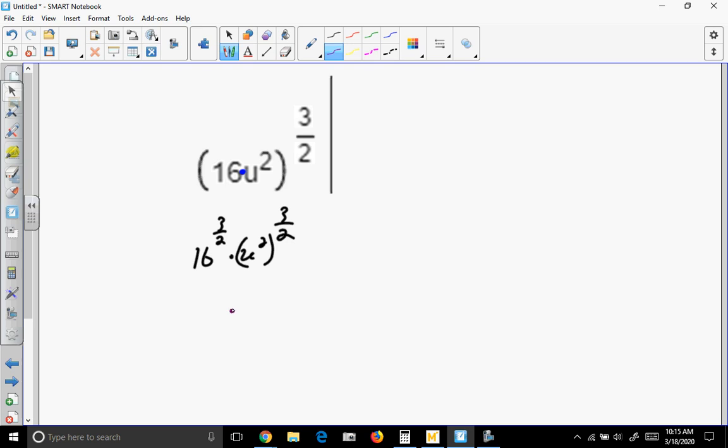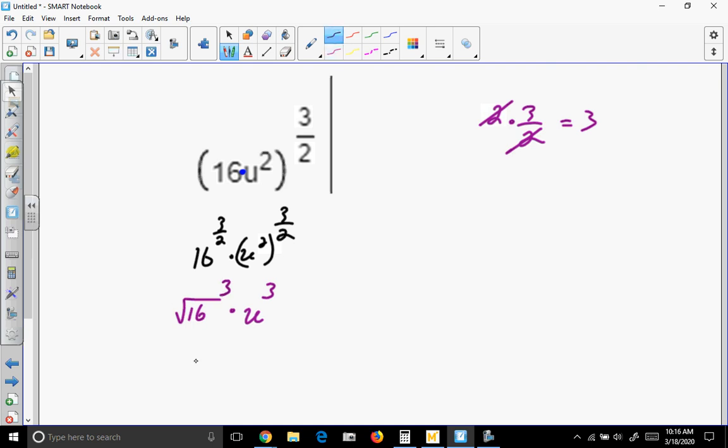So let's take care of the u first. If we have a power and that gets a power, remember we multiply those exponents. So 2 times 3/2. So the 2's cancel, leaving us 3. So that's u to the third. And then we're taking the square root of 16, and that's raised to the third power.